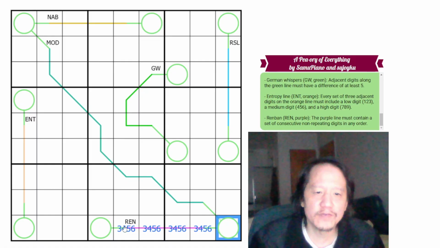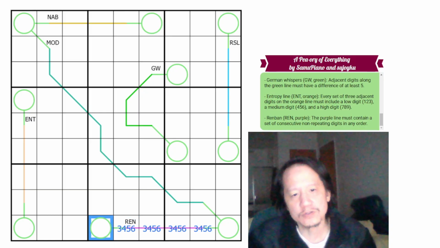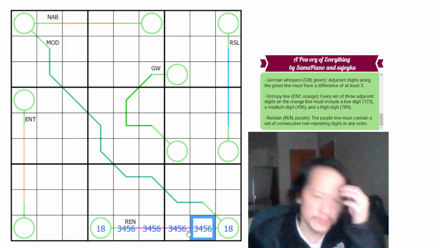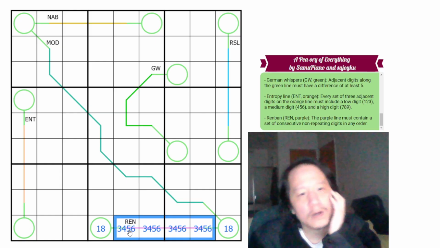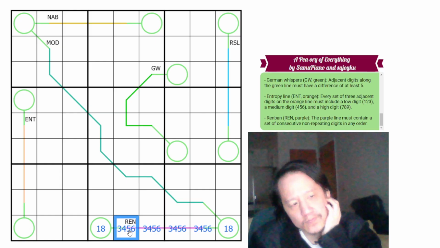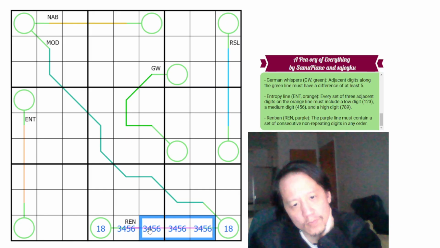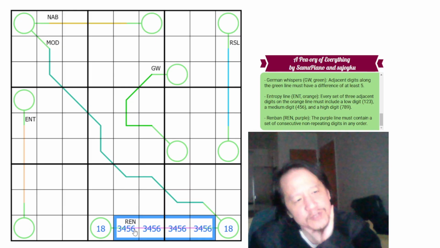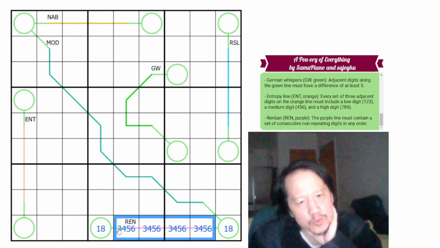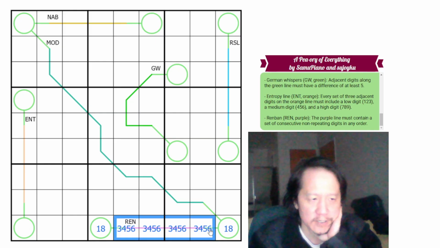So again, 3, 4, 5, 6 adds up to 18. So this could be 18 there. 4, 5, 6, 7 doesn't work. 5, 6, 7, 8 adds up to 26, which is not allowed because we already have a 5 and 6 there.